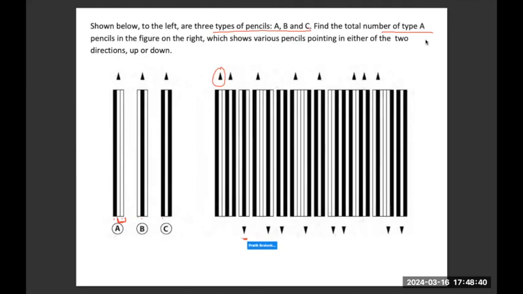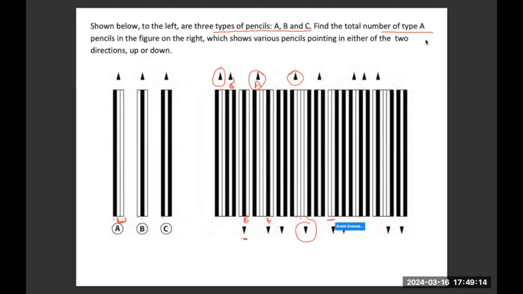So this is B. This is C. This is B. This is A. This is A. Because there's a higher accumulation, here is A, but then here there are 4 bands, which means this is also A.